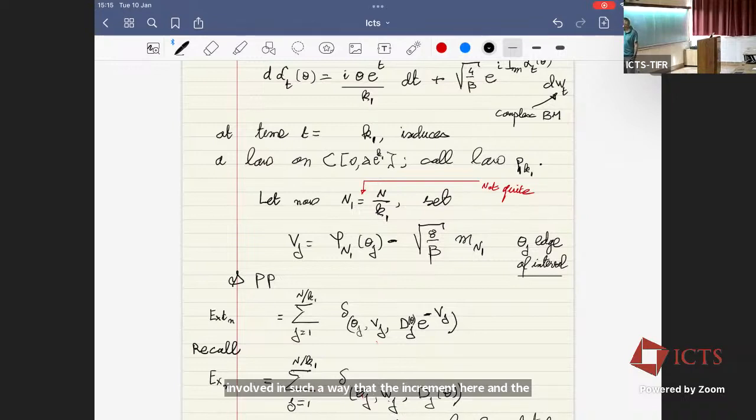Okay? And in fact, the increment here and all these increments. So this you can do. And in fact, you can construct an extremal process. The details are not so important, but you can construct an extremal process that keeps track of what is going on here and of this decoration business down here.